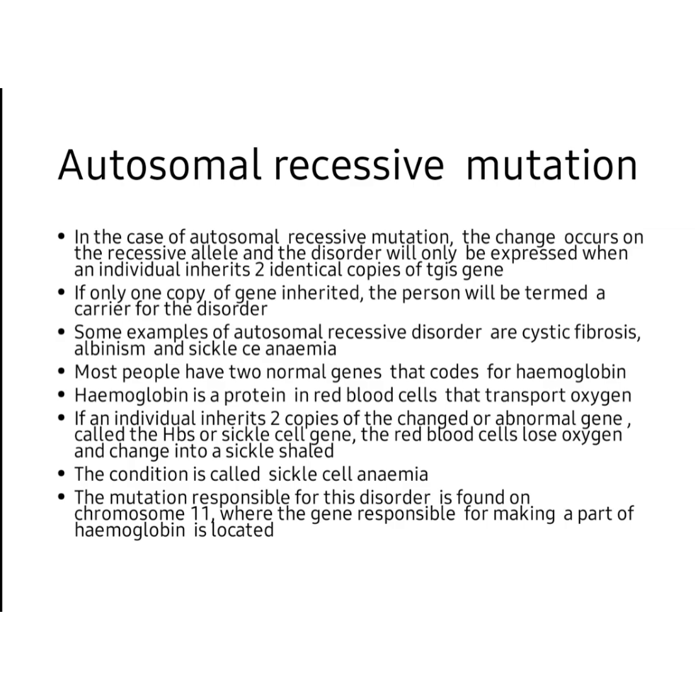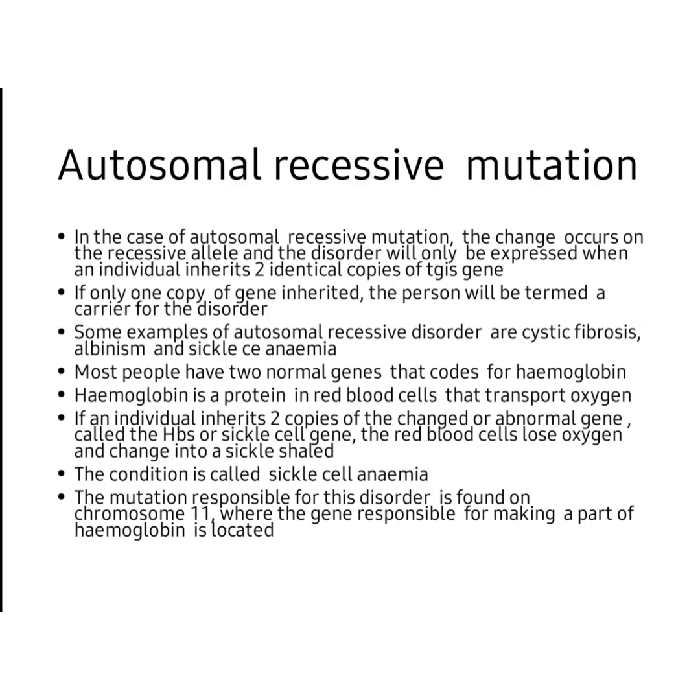Most people have 2 normal genes that code for hemoglobin. I just hope we all know what hemoglobin is. Hemoglobin is a protein in red blood cells that transports oxygen.